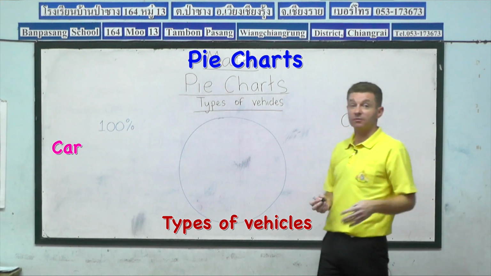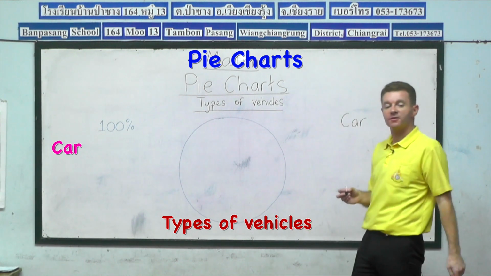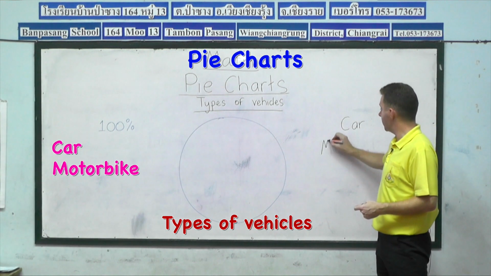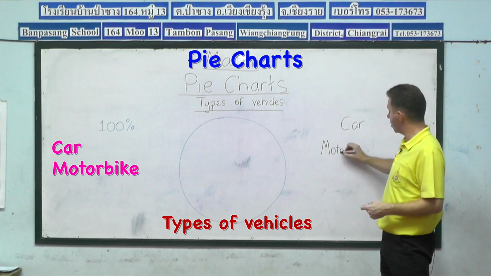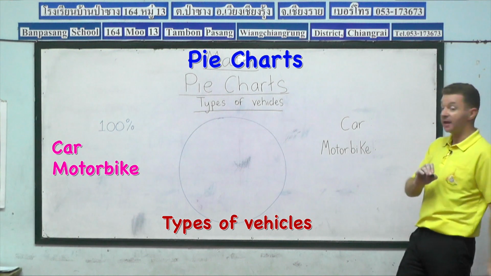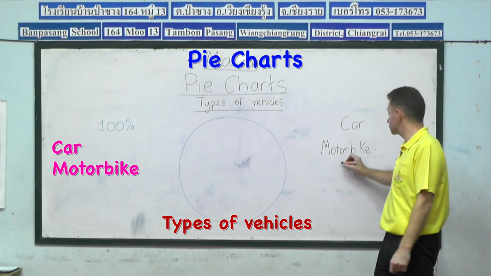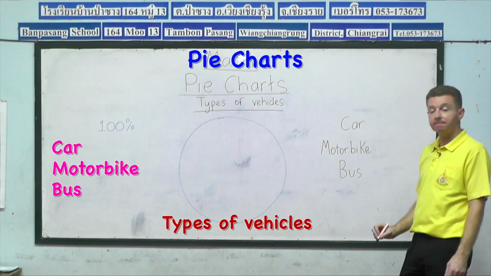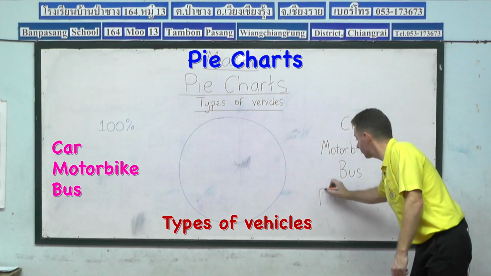Car is the main mode of transport. But who can give me some other types of vehicles, guys? Motorbike. M-O-T-O-R-B-I-K-E. Bus, yes, bus too. And then finally, bicycle. Okay, that's great.